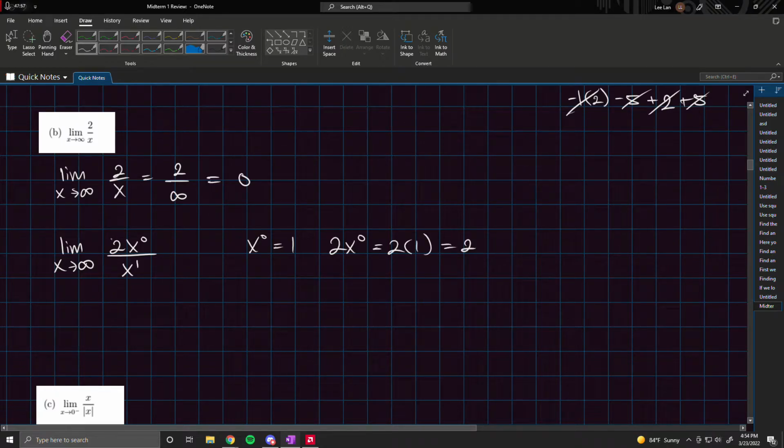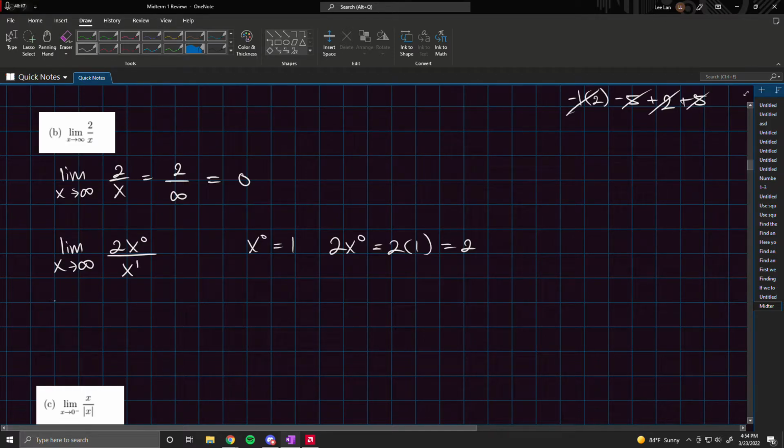So one way to think about constants is that they have no powers of x attached to them. And so in the context of limit laws, you look at the powers of x in the numerator and the powers of x in the denominator.